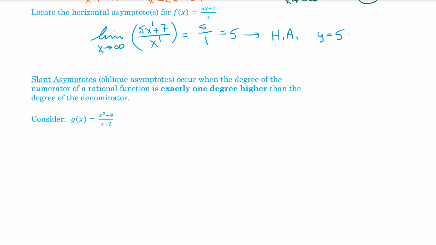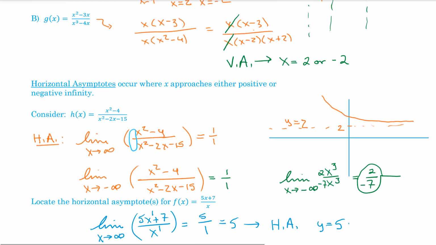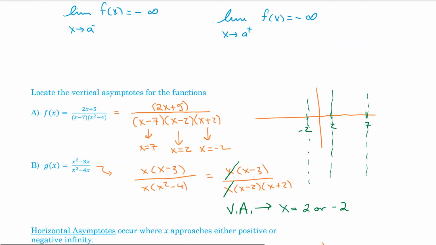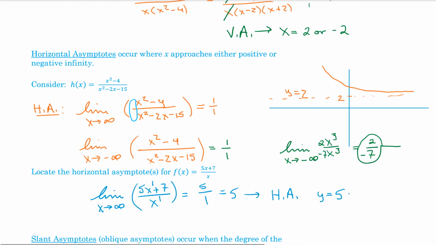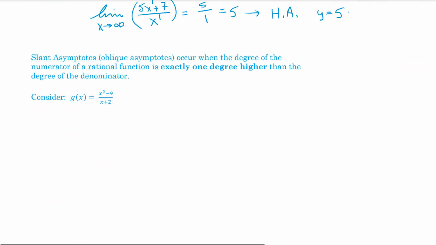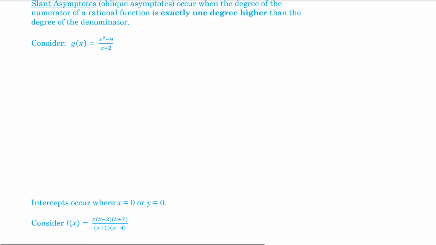All right, so we've taken a look at vertical asymptotes, the type of asymptotes you probably learned about first. We then took a look at horizontal asymptotes, which are dependent on a limit as x goes to infinity or negative infinity. We're going to take a look at one that you may or may not have seen in an earlier math class.